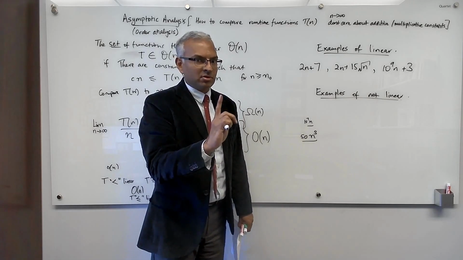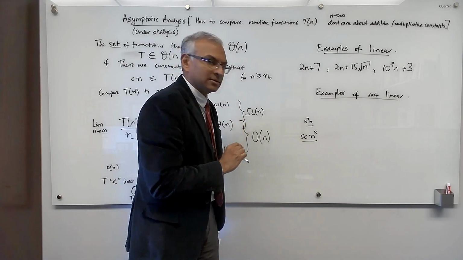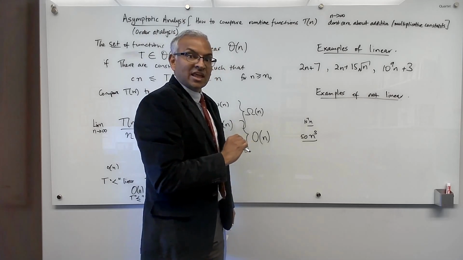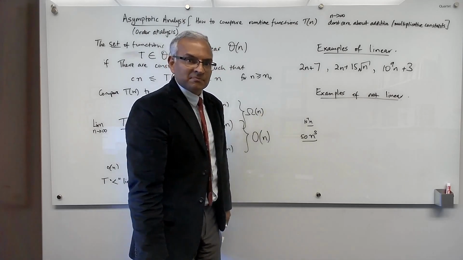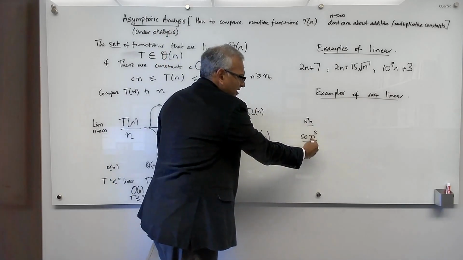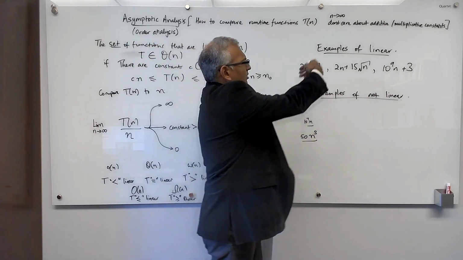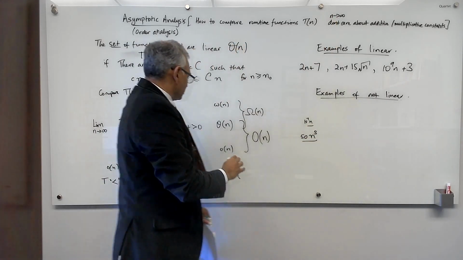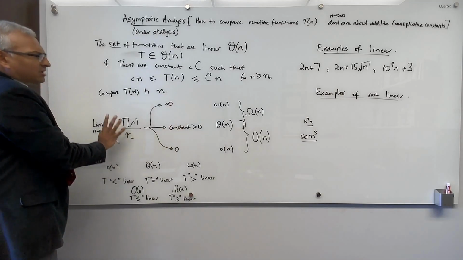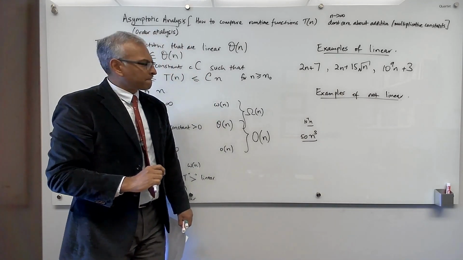But we don't care about n equals 1. We care about n equals, let's say, 10,000, and at n equals 10,000, let's see which one is better. You'll find this is better. And that's just at 10,000. And so this capturing the essence of the algorithm using this notion of ignoring additive and multiplicative constants and looking at the set of linear functions, that has withstood the test of time.